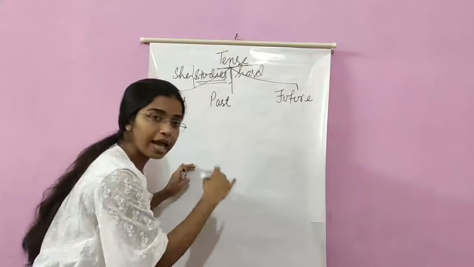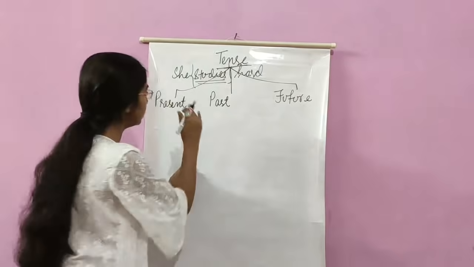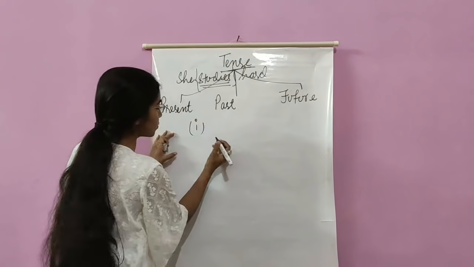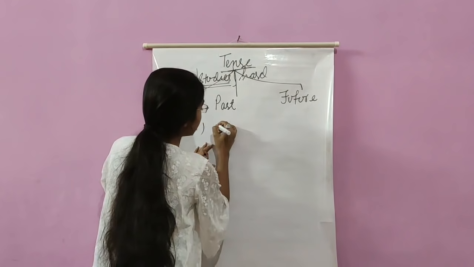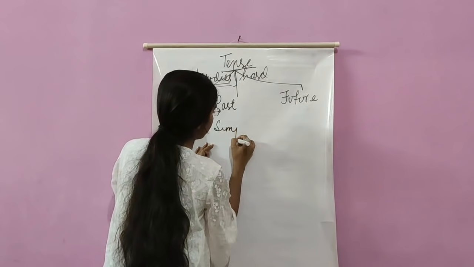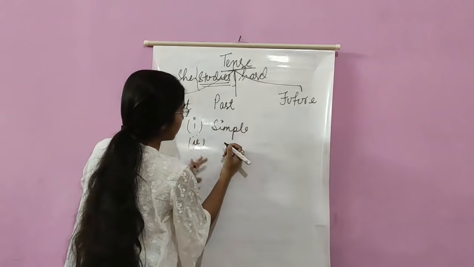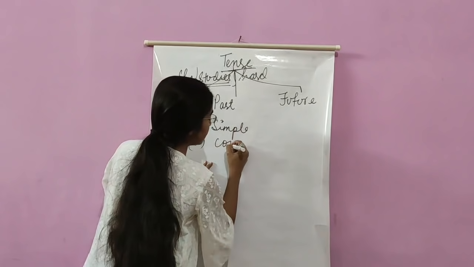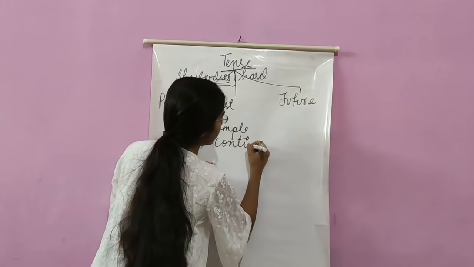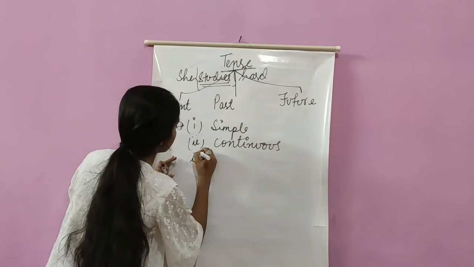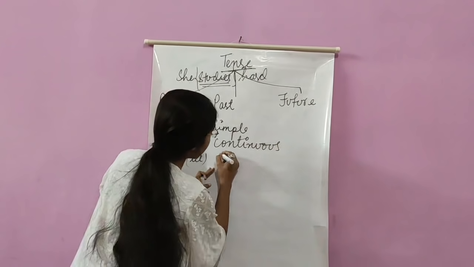Subparts, as I told you in the previous session, there are 4. The first one is simple. Then comes continuous. Then perfect.